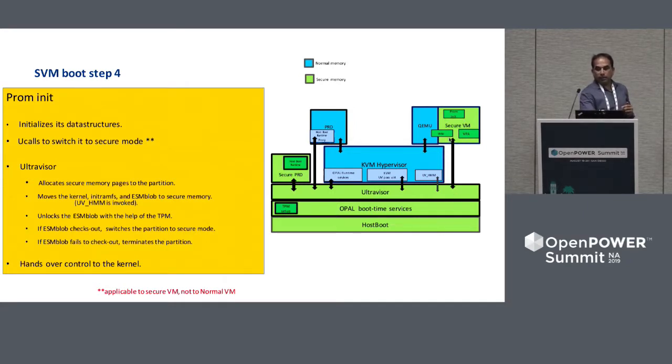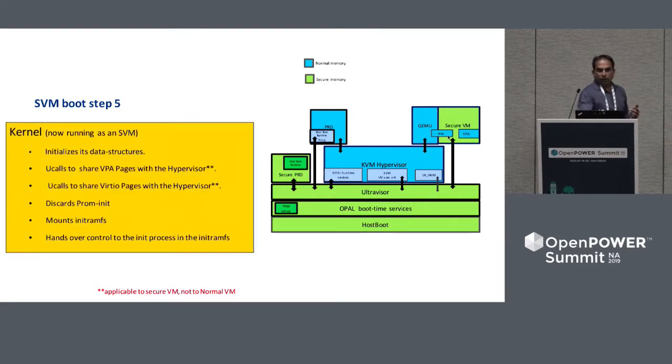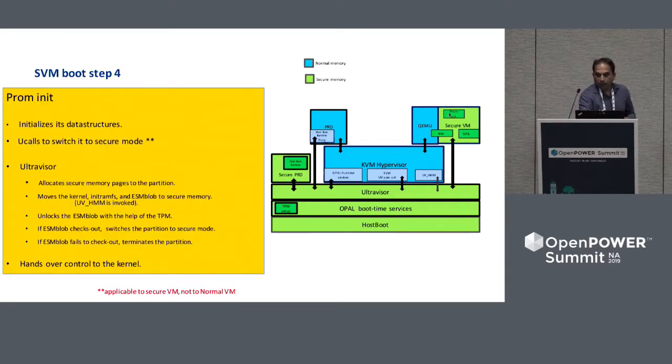So here is a case where the virtual machine has converted from a normal virtual machine to a secure virtual machine. Right. So if you see here, all the pages here are backed by secure memory. But there's a problem if you do that, because some of the services like I/O, especially VirtIO and virtual processor area, those are the areas that are needed by the hypervisor to correctly service any virtual machine.